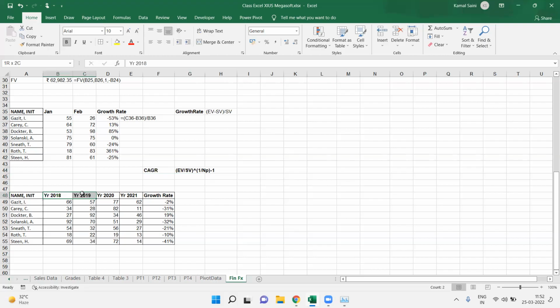From 18 to 19 is one period, 19 to 20 is another period, and 20 to 21 is another period.